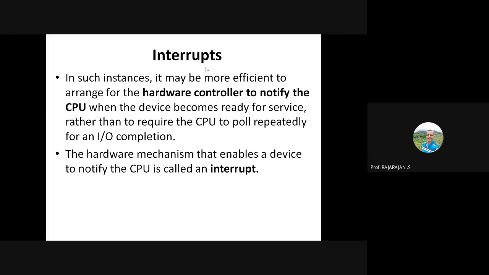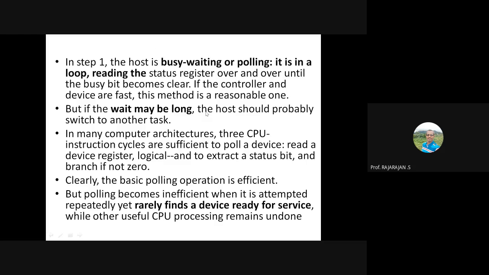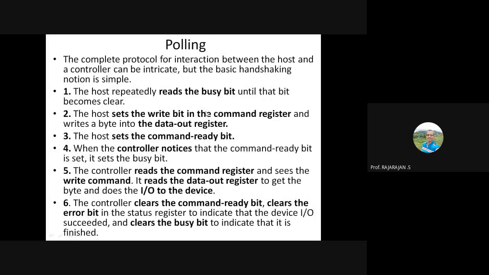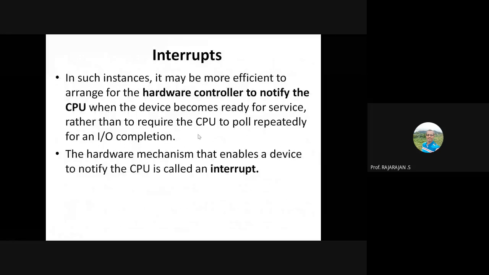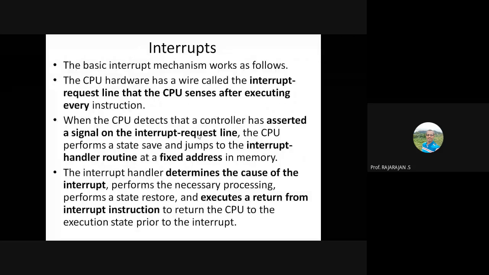As a result, you don't need to keep checking for something. You will receive an interrupt when it becomes free. That is the major advantage of the interrupt based system. The previous one is called programmed IO, whereas this one is called interrupt enabled IO.